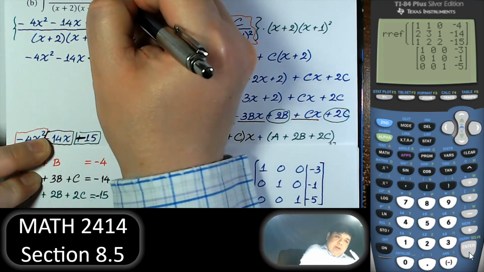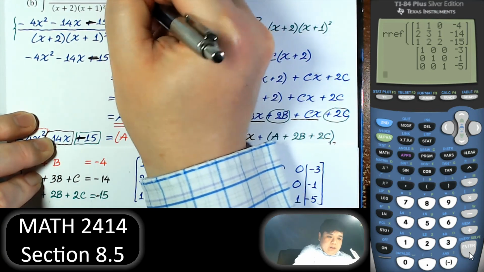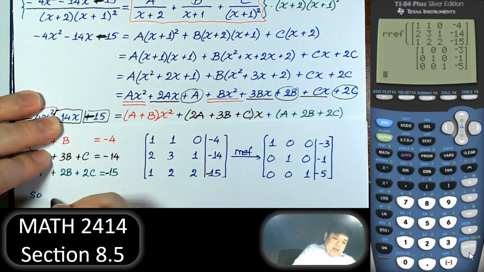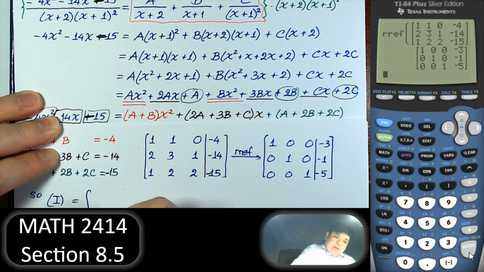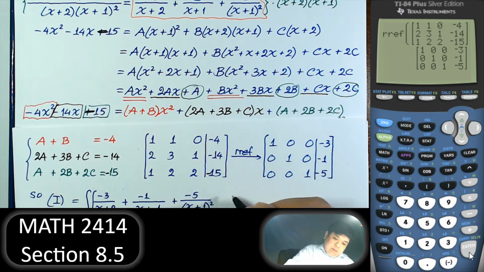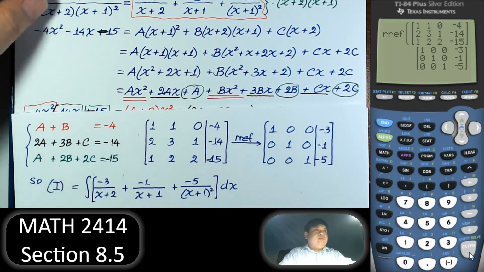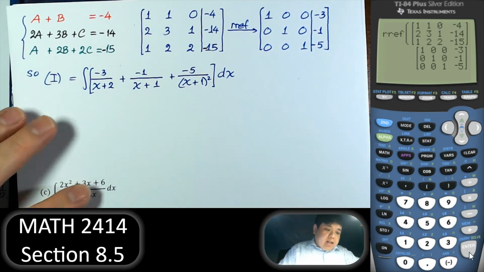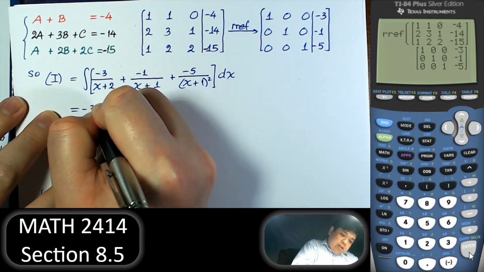So the original integral equals the integral of A, which is -3, B, and C. So from here we can split and take out the constants.